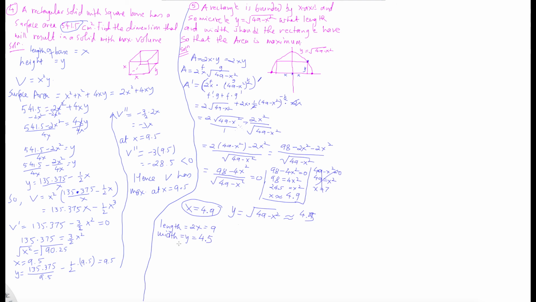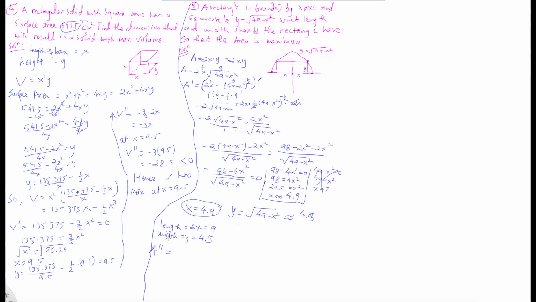Okay, now we want to check that the second derivative for this x and y value is negative, because for the maximum we need the second derivative to be negative. So let's find A double prime. If I find A double prime, what do I get? I need to use the quotient rule for that, right?